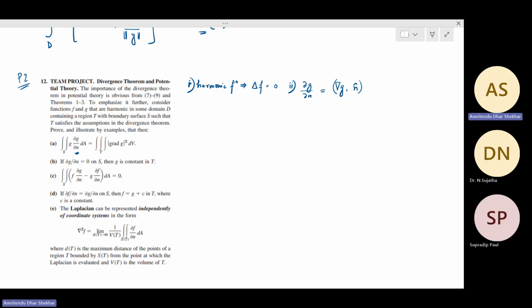It is basically how much the function varies along the normal to a surface. So let's say you have a surface S, and this is your unit normal n cap. Then del G upon del N is basically how the function is varying across the normal.